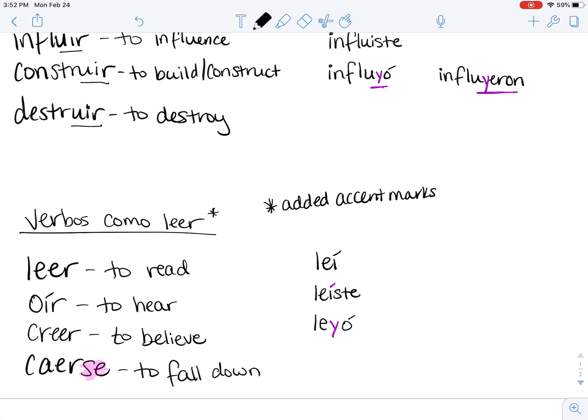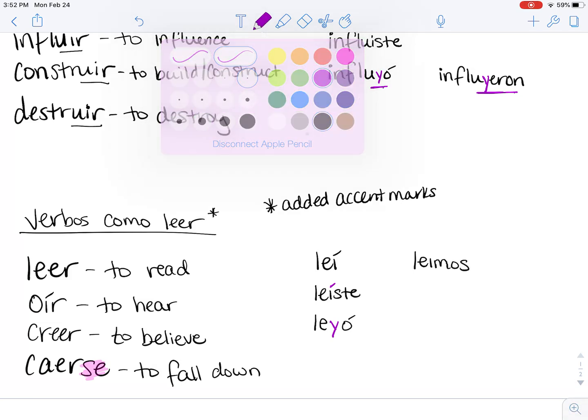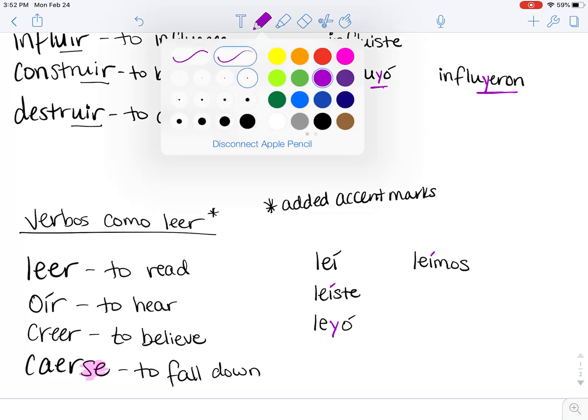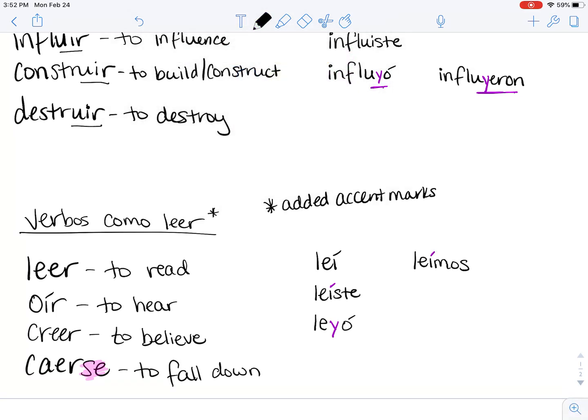He or she read. We have nosotros leímos. Again, we want to put the accent on the I in leímos so we remember to really stress and pronounce that I. And then finally, ellos, ellas, ustedes.